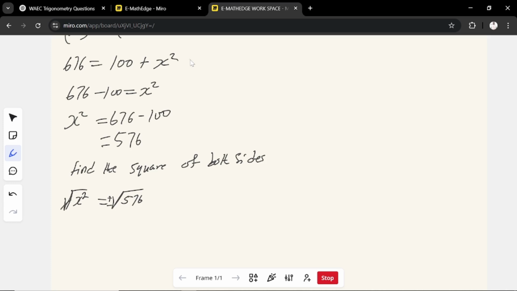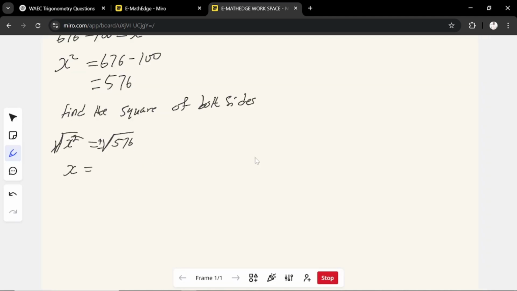Now this root is going with the square, such that we will be left with x equal to, now what is root 576? The square root of 576 is, mind you, plus and minus 24. But you must note that length cannot be negative.